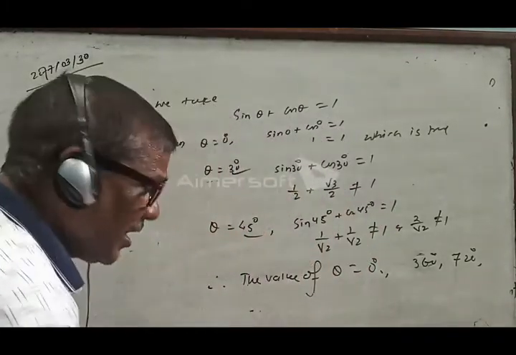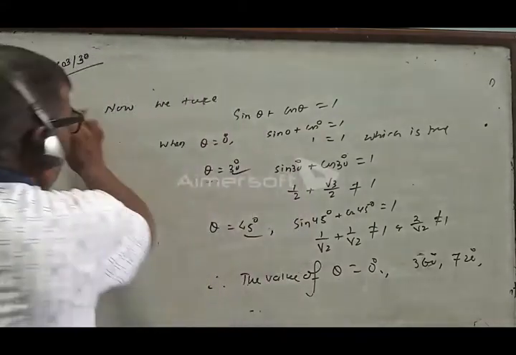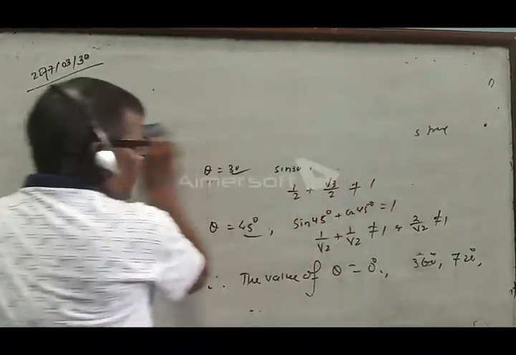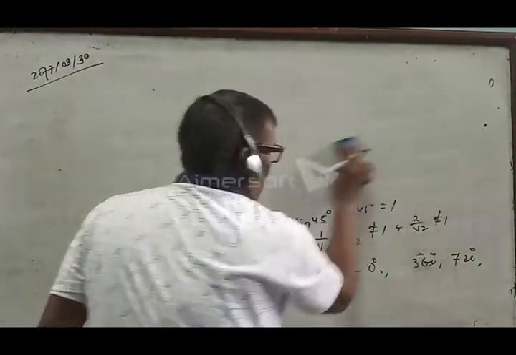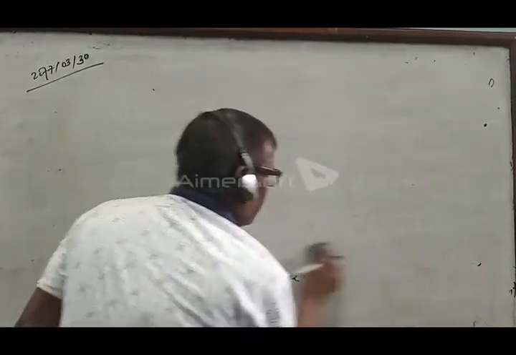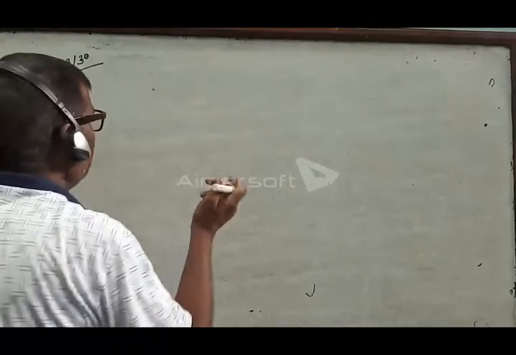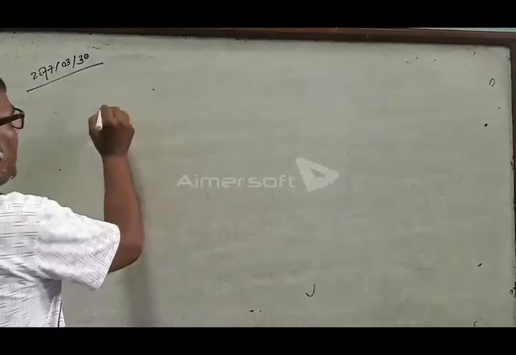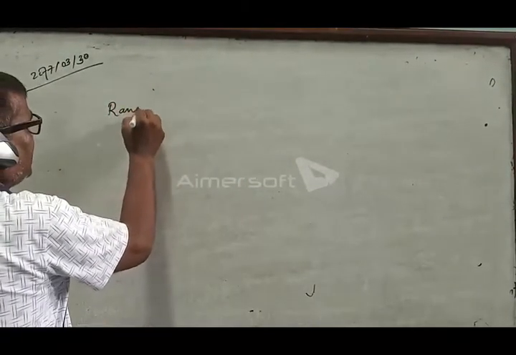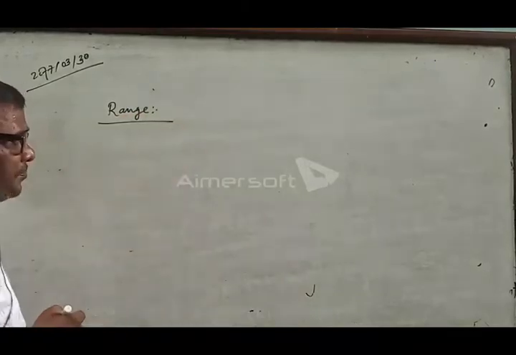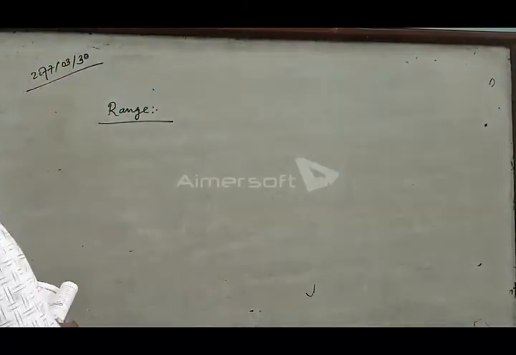Now we have to find the range. What is range? The value lying between two numbers is called range. One variable lies between two numbers is called range. What is range?